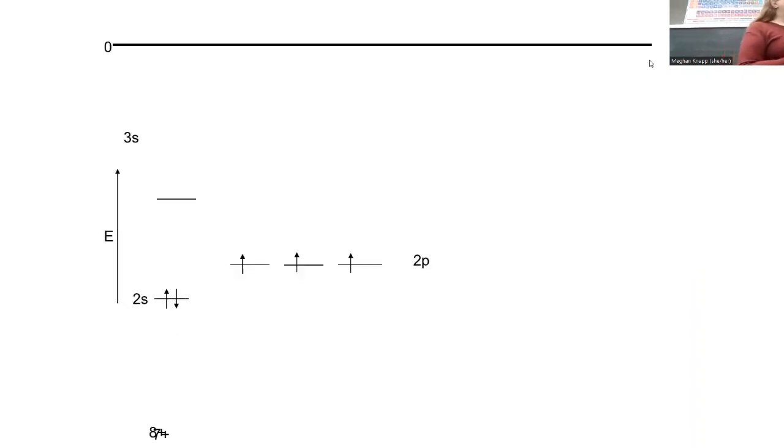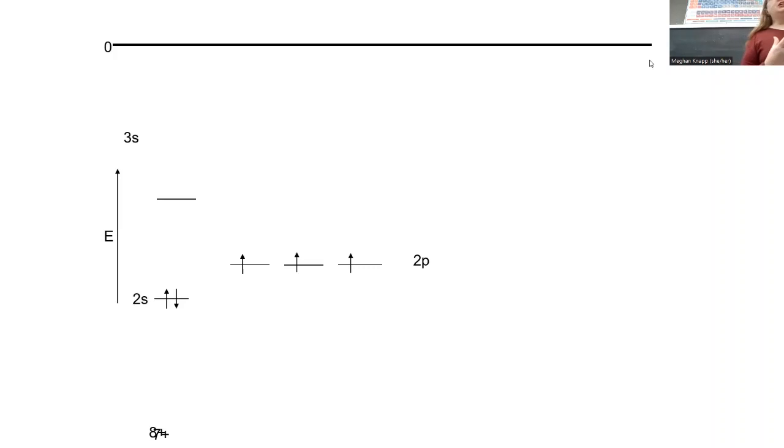Okay, so this would be the configuration for nitrogen. Nitrogen has 7 electrons. The 2 in the 1s orbital aren't shown. They're way down, very stable energy, core electrons. But the 5 valence ones are shown here. In chemistry, we often talk about a half full subshell or a full subshell being particularly stable.